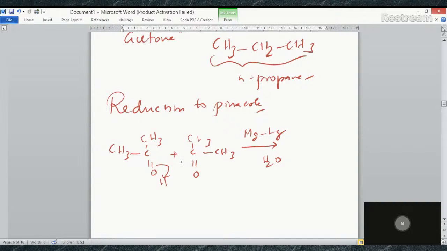So there is a bond formation between these two. We know the valency of carbon is 4. So when it is protonated, there will be initiation of a bond between these two.